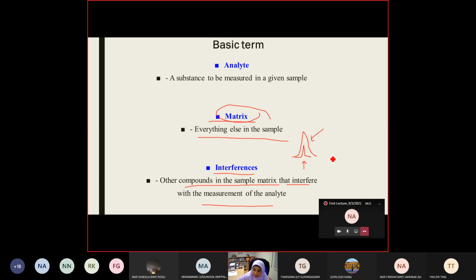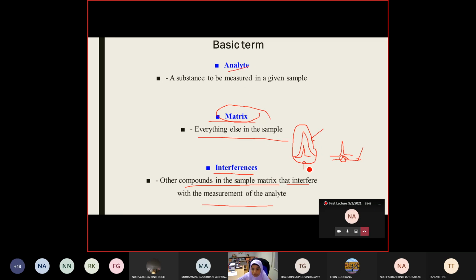Or sometimes your copper concentration is like this, but because of the interference, the concentration will be reduced. Maybe the interference interacts with your copper and decreases the signal, or it increases the signal because it overlaps with the signal of your analyte.